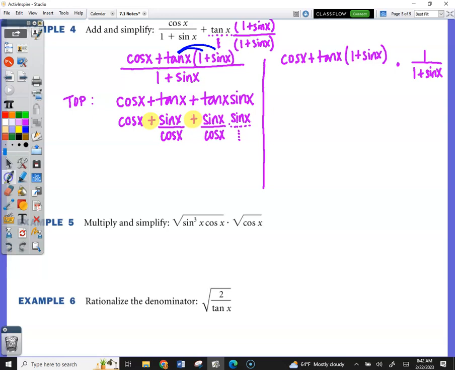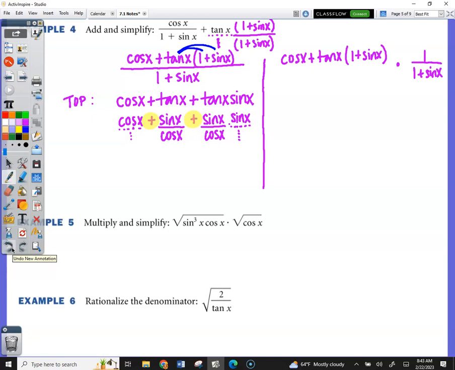This is an understood 1. So what do I need to multiply this by in order to write it as a single fraction? This needs a cosine in the denominator.